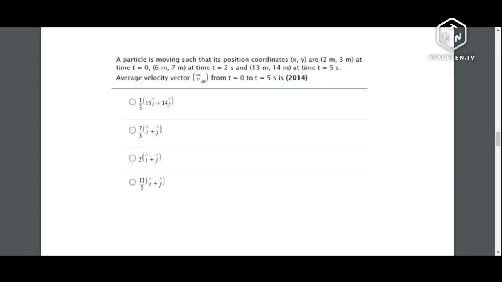As a hint, I would like to tell you, you can first of all use time t equal to 0 and find the position vector for that, and then you can write at time t equal to 5 seconds the position vector.